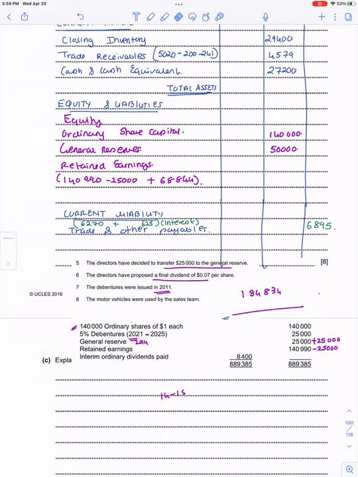What is the amount of dividend? The dividend amount is 8,400. They've already given it in the trial balance. Okay, interim dividend. Interim dividend paid 8,400. So you get 176,434.